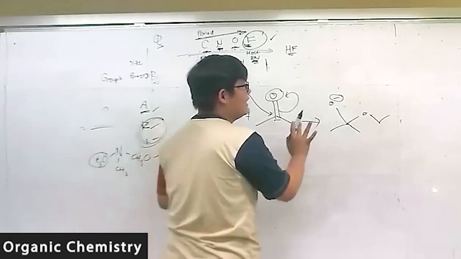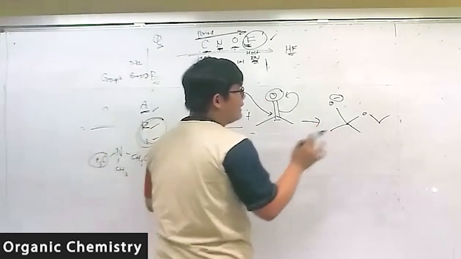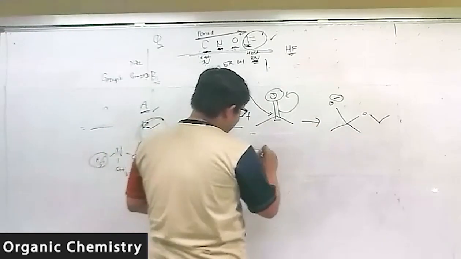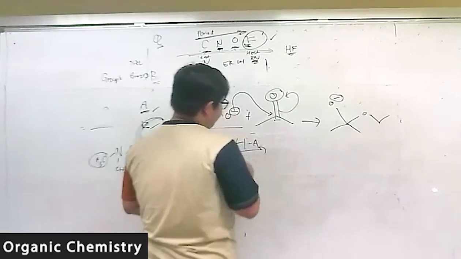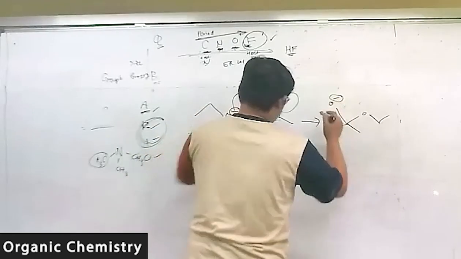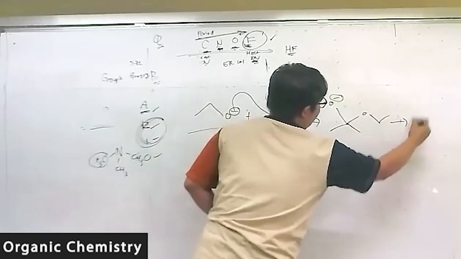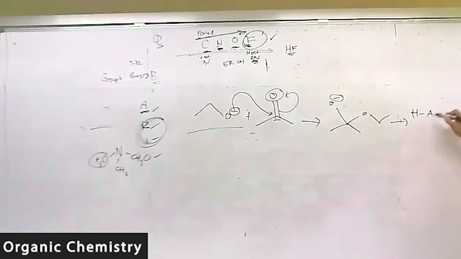Paano natin yan ini-stabilize? So, one way to stabilize it is to add an acid, HA. So, pag nagkaroon tayo ng acid dito, pwedeng i-attack, let's just add it here, HA. Okay?